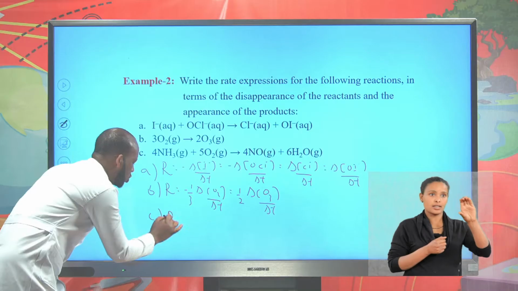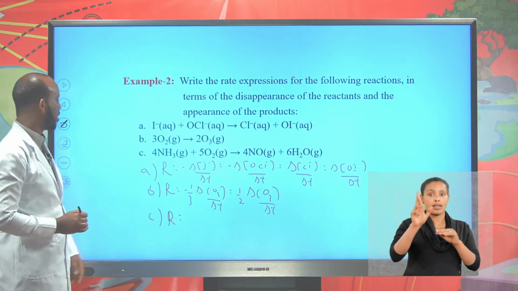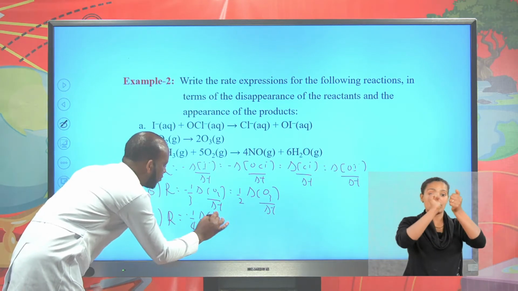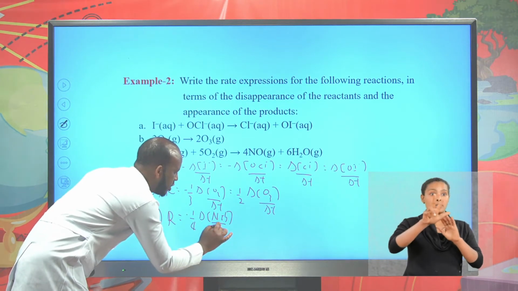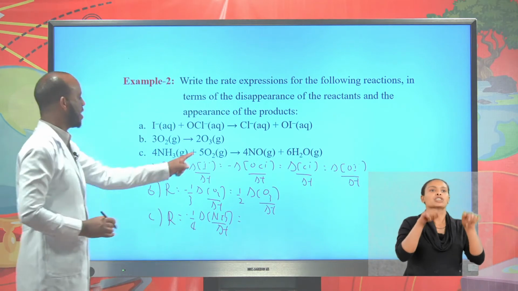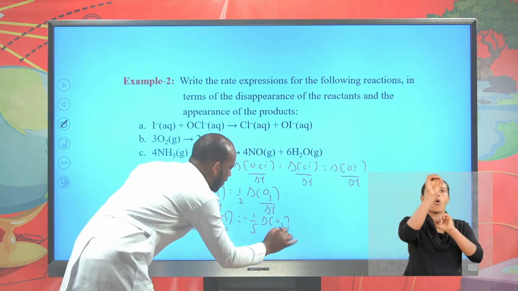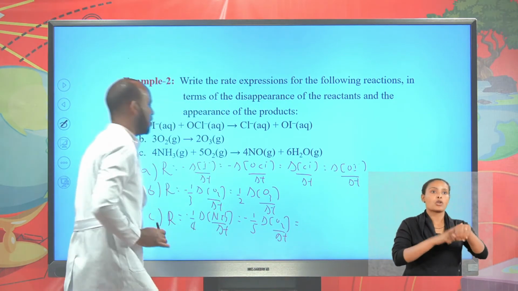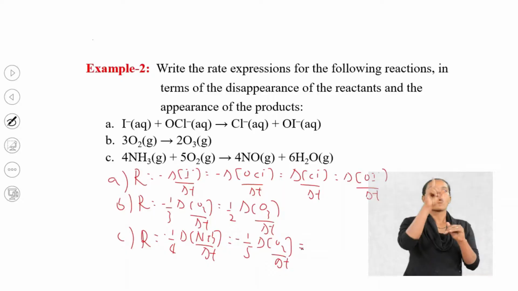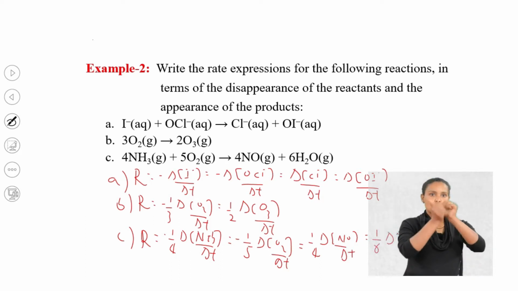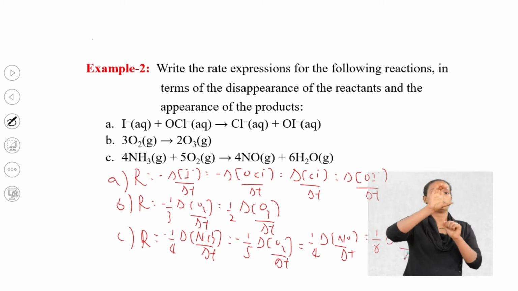For c, rate equals, in terms of reactant, minus 1 over 4 change in concentration of ammonia divided by change in time, equals minus 1 over 5 change in concentration of O2 divided by change in time, equals 1 over 4 change in concentration of NO divided by change in time, equals 1 over 6 change in concentration of water divided by change in time.